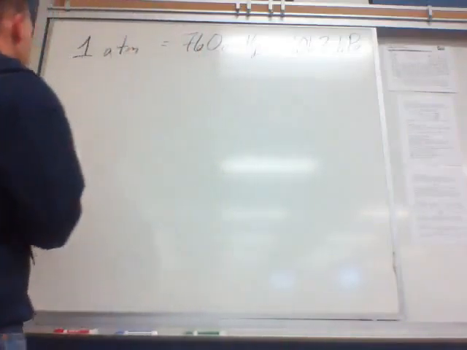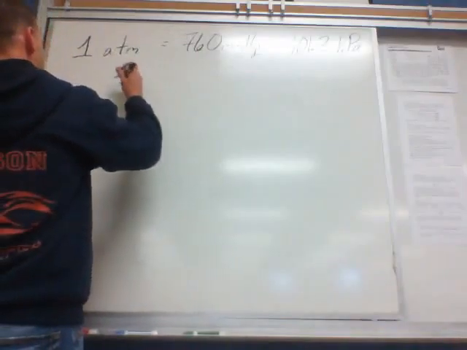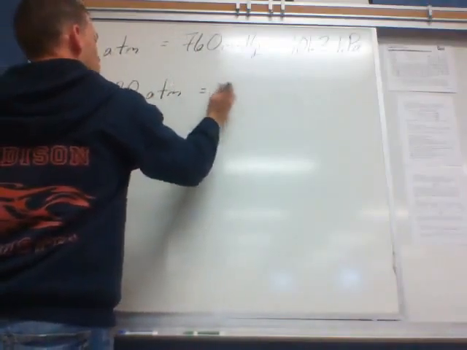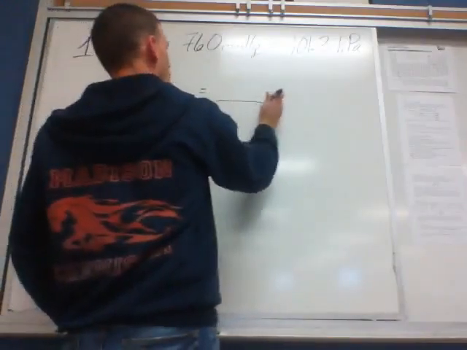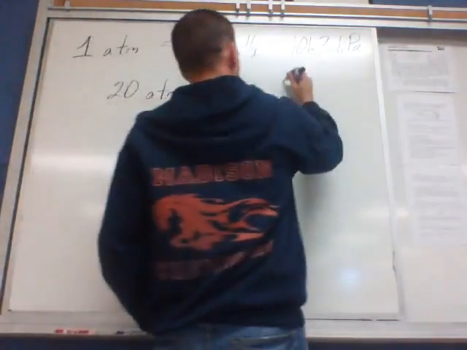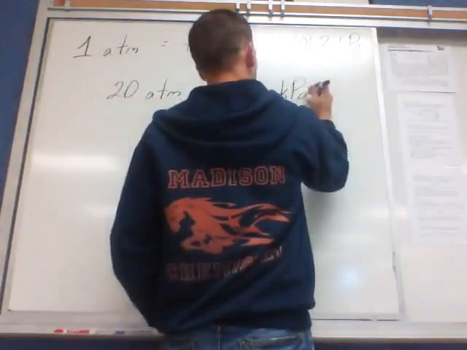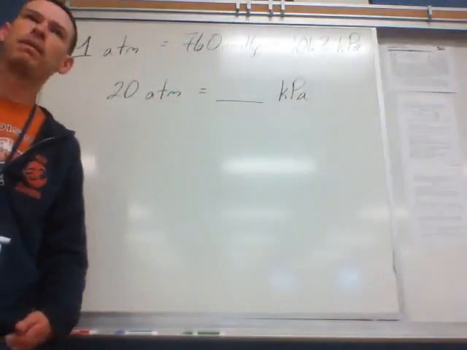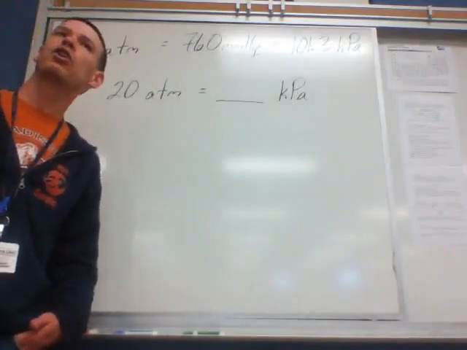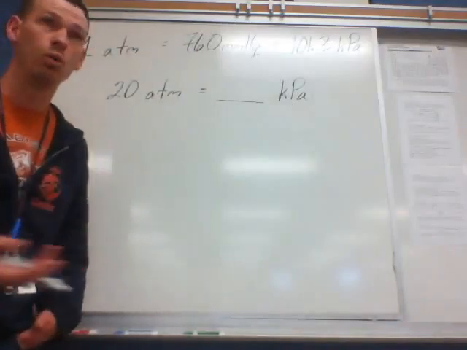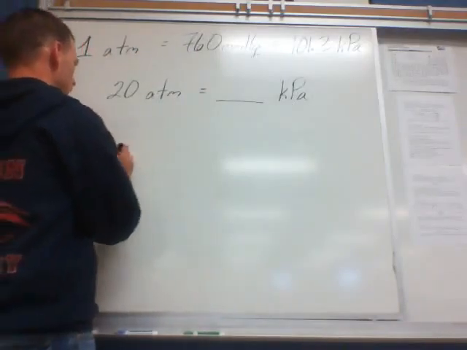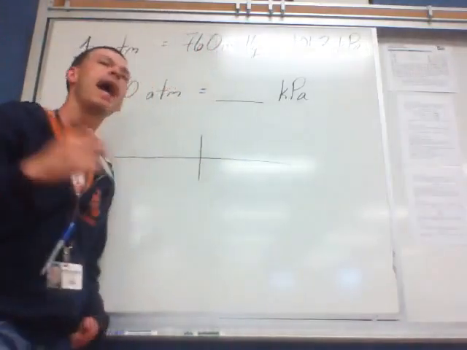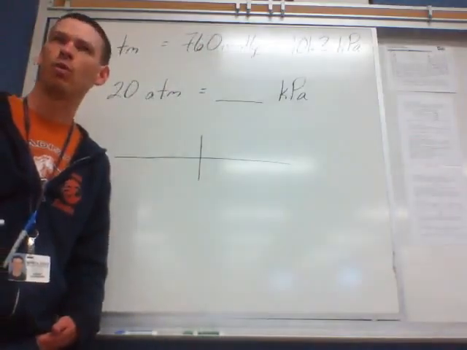For example, if I said that we had 20 atmospheres of gas, but the problem needed to know what that was in kPa, you would need to convert from atmospheres to kPa. If you look at the grid on your cheat sheet, it will hold your hand and walk you to the answer. Watch how I fill in the data as we've done multiple times before.